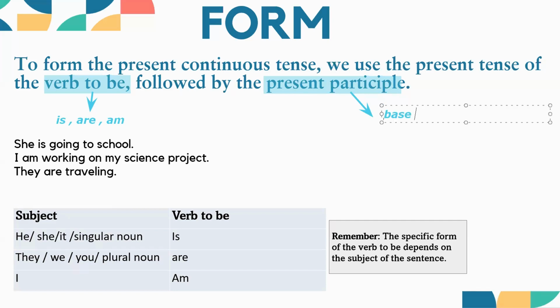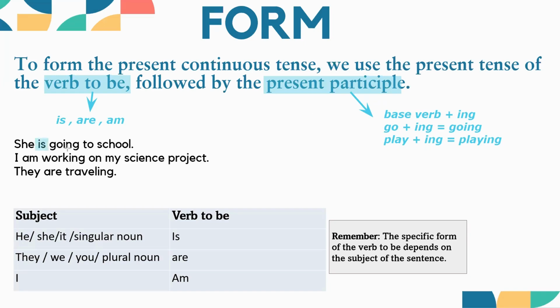So base verb plus ing. For example, if we have the verb go, if we add ing, going, or play plus ing, playing.